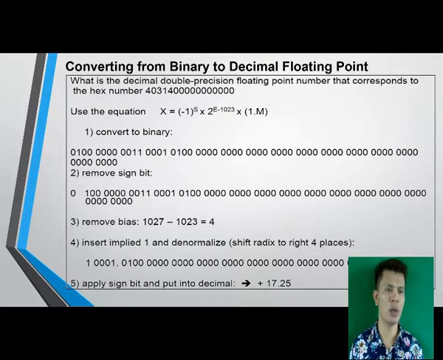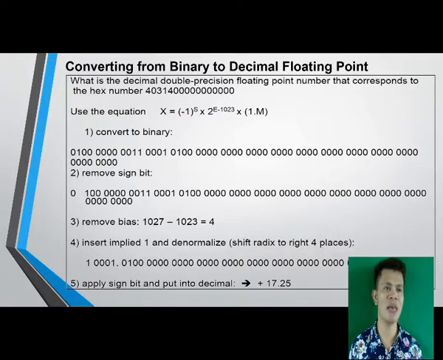Another example: what is the decimal double precision floating point number that corresponds to the hex number 403140000? We can use the equation x is equal to -1 to the sign times 2 to the exponent minus 1023 times 1 point the mantissa.